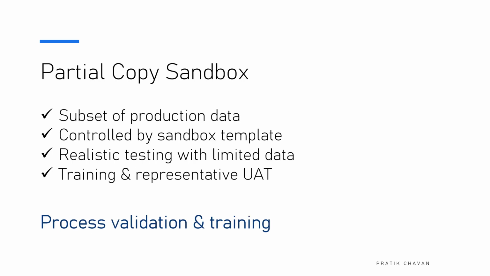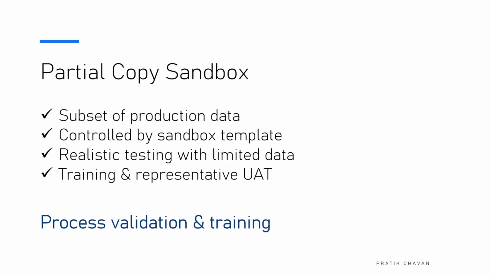Partial copy sandbox includes a subset of production data. The data is controlled using a sandbox template. For example, you might copy accounts, contacts, and cases, but not everything. This is ideal for training sessions, representative UAT, process validations, and limited integration testing.